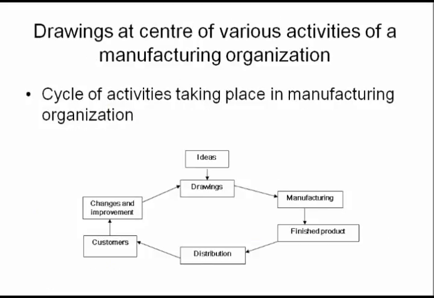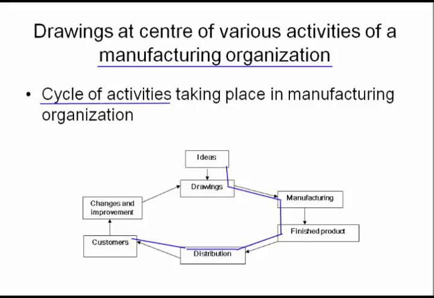For the manufacturing organization, there's a typical cycle of activities. The ideas go on to drawings, the drawings go into manufacturing, you end up with a finished product, you end up with a distribution system. The distribution system leads to customers gaining documentation.